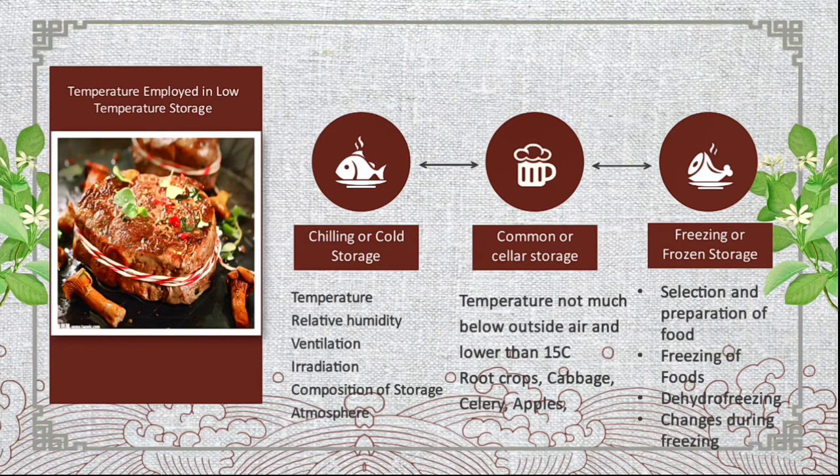Next one is common or cellar storage. The temperature in common or cellar storage usually is not too much below that of outside air and seldom is lower than 15 degrees centigrade. Root crops, potatoes, cabbage, celery, apples and similar foods can be stored for limited periods.